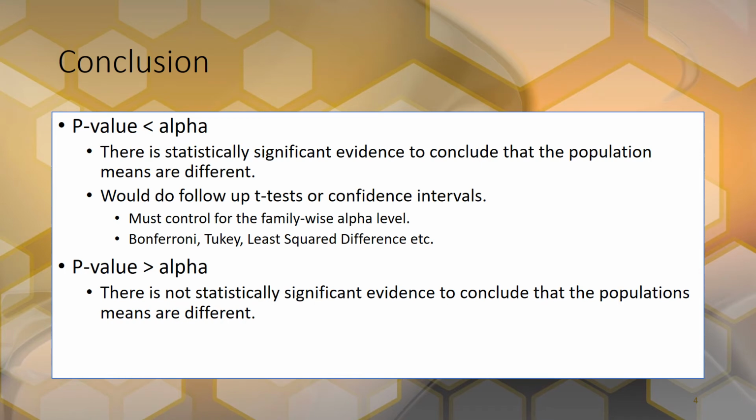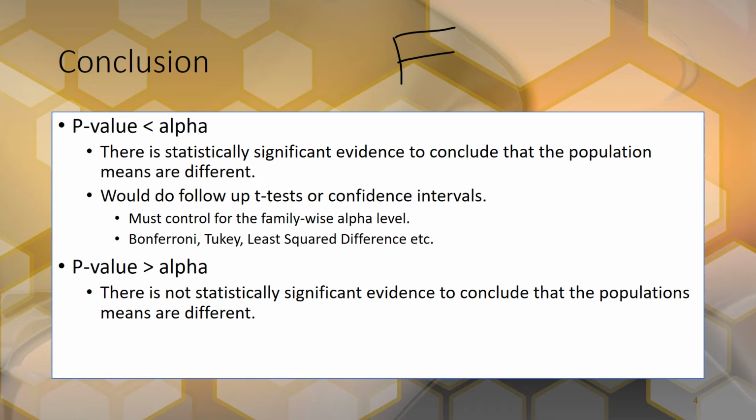So it's always going to be that at least one of the means is different. So your conclusion statement is going to be based on your p-value that you get from an F statistic. And you get your F statistic, and then you're going to calculate a p-value like you did with a t-test. Very similar. And then you're going to see if it's less than your alpha level.